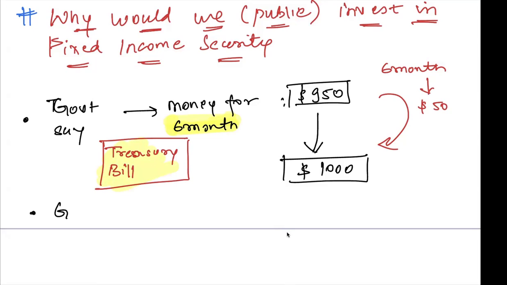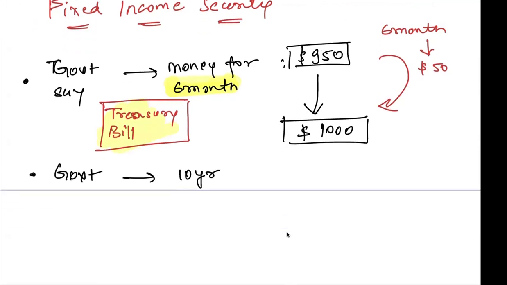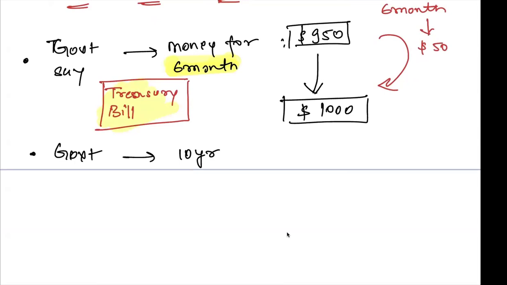Do you all agree? Now, let's say you are investing for 10 years. Let's say the government has requested $1,000 for 10 years.